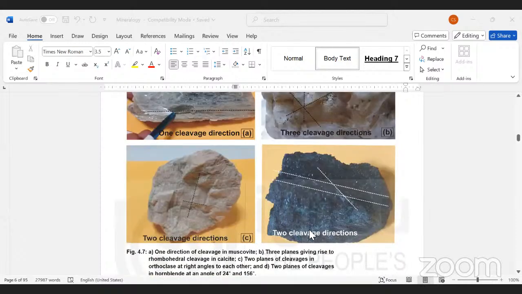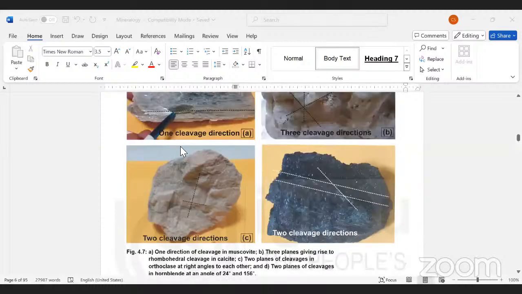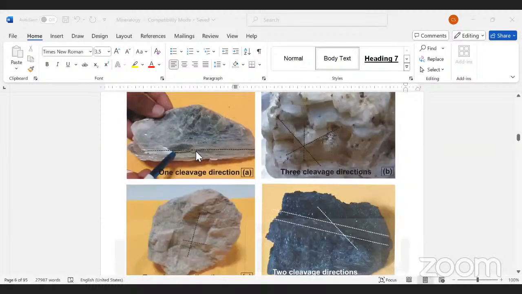You see the first one, it is muscovite mica. We can see it has only one direction, parallel to the surface.